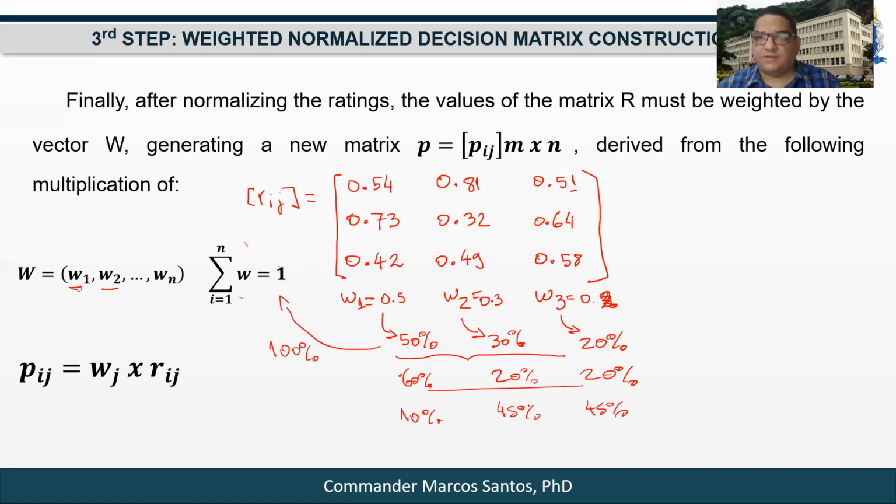In this case, 100%. The sum is always 100%. Okay. So now we will take these numbers: W1 equals 50%, W2 equals 30%, and W3 equals 20%.